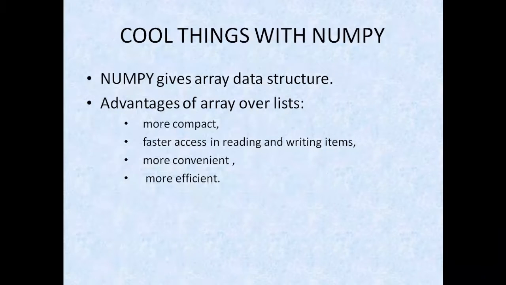I'm not just talking about some 6x6 or 10x10, I'm talking about a huge amount of data, because in data science we must handle huge amounts of data. So with so much data, arrays are more compact than lists. At the same time, accessing the elements in a list is somewhat tedious compared to an array. Using an array, we can easily access and read elements, and we can also write elements.